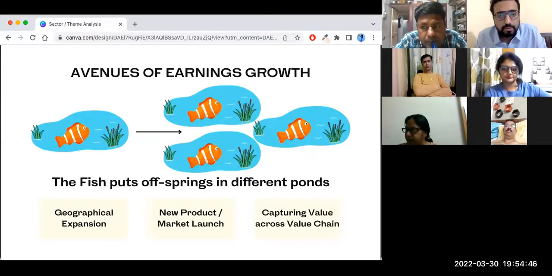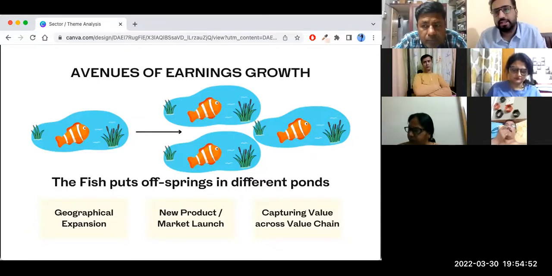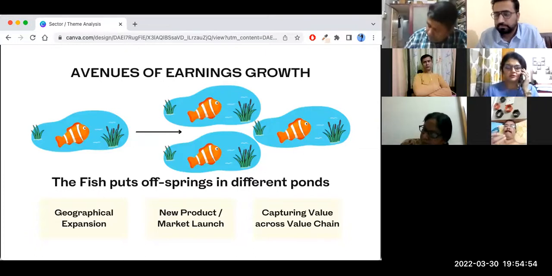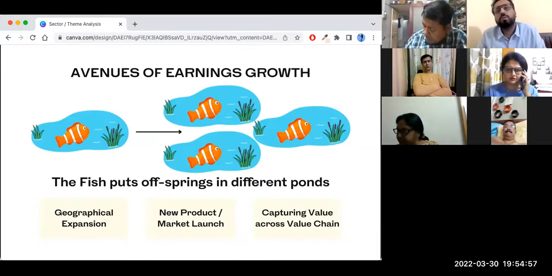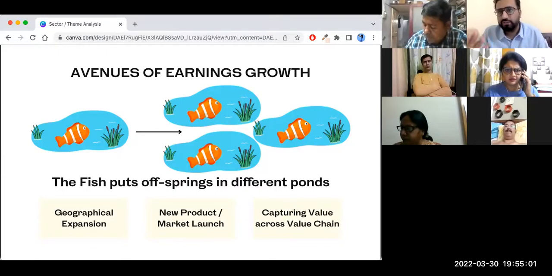So ITC, let's say they are the most prominent player in the cigarette sector. Now they have almost 98-99% market share of the cigarette sector, and the cigarette sector is also not growing.